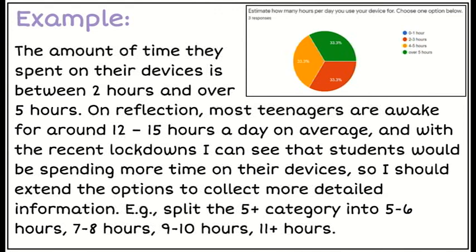If I take my 5 plus category, over 5 hours, and split that up into 5 to 6 hours, 7 to 8 hours, 9 to 10, and then over 11, that will again allow me to see the variation a bit more, but also it'll cover, I think, much more widely the time that students actually spend on their devices.